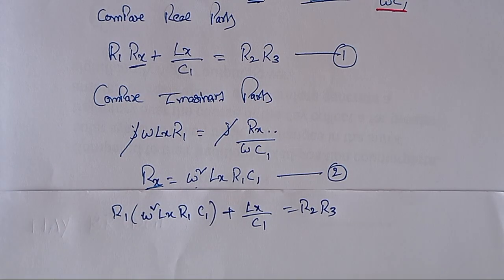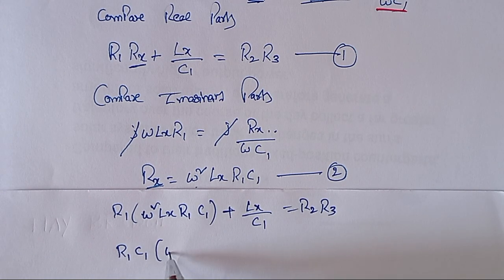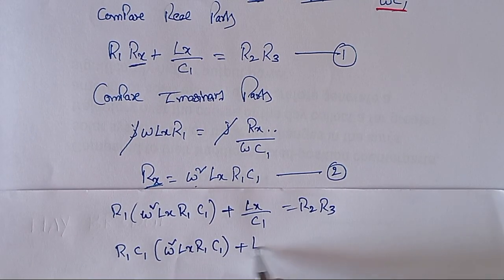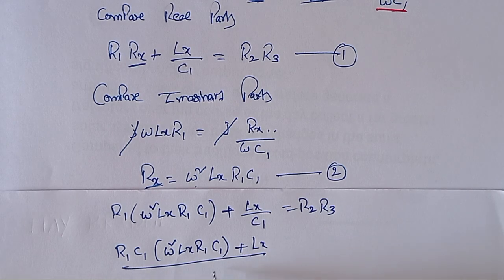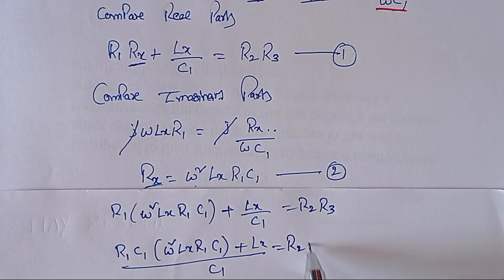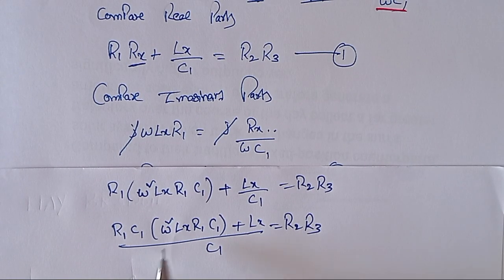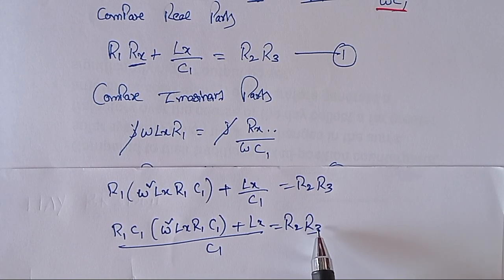Now take the LCM with this C1. So R1 into ω² Lx R1 C1 plus Lx, whole divided by C1, equals R2 R3. Now this C1 I am taking to this side.